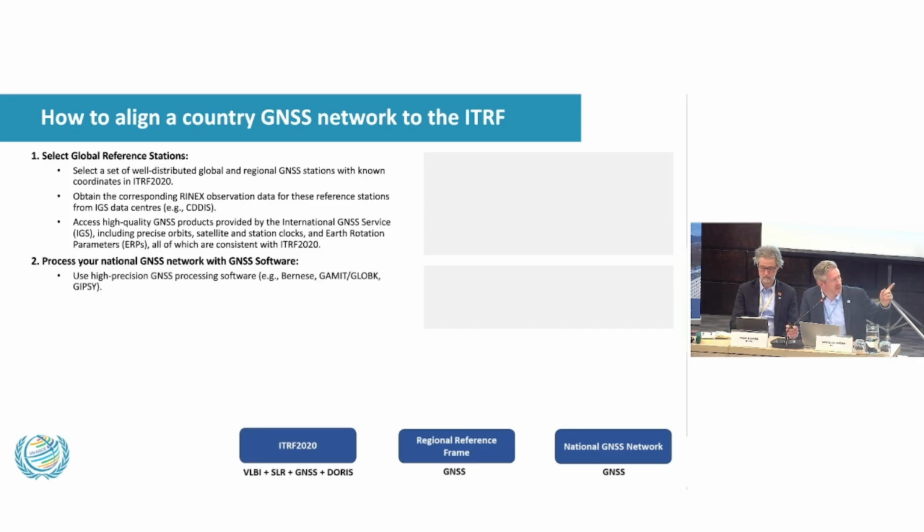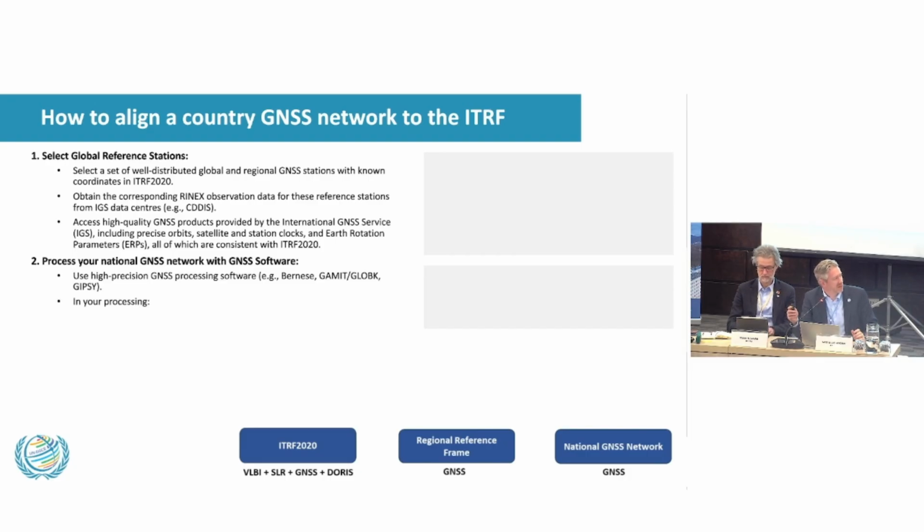Once you have that, the next step is to then process that GNSS data along with the products. So we're using high precision GNSS processing software: Bernese, GAMIT, GipsyX, Ginan. There's a whole range of different types as we talked about yesterday.